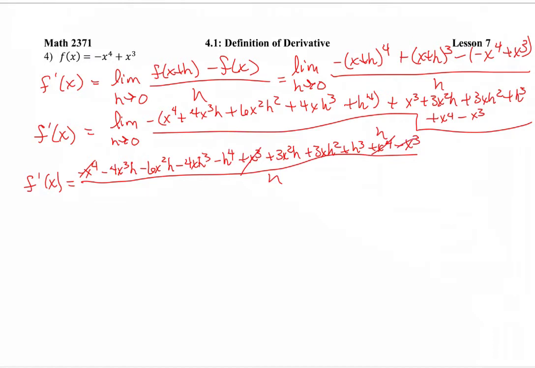Cancel like terms, and I forgot to write the limit. So I'm going to put a little arrow, and I'm going to write the limit as h goes to 0.